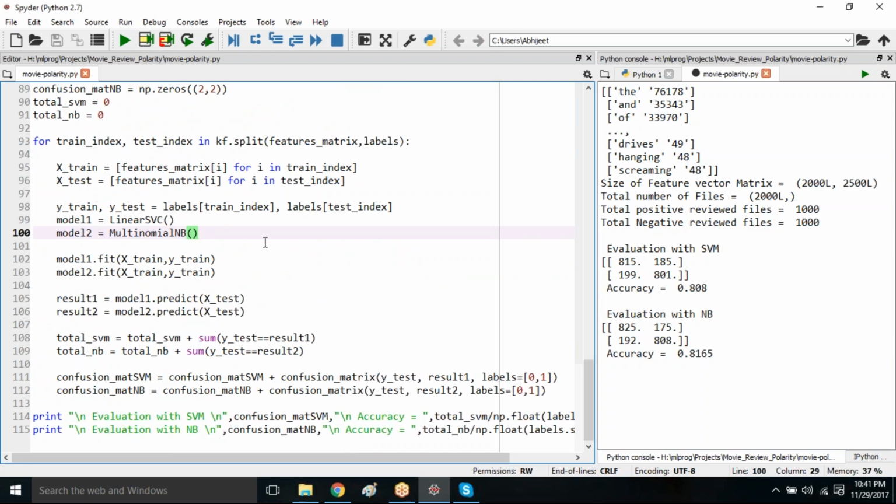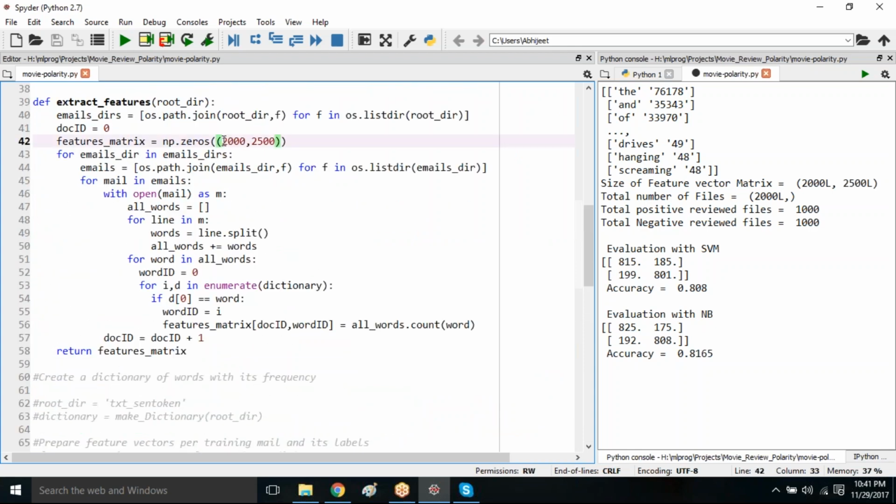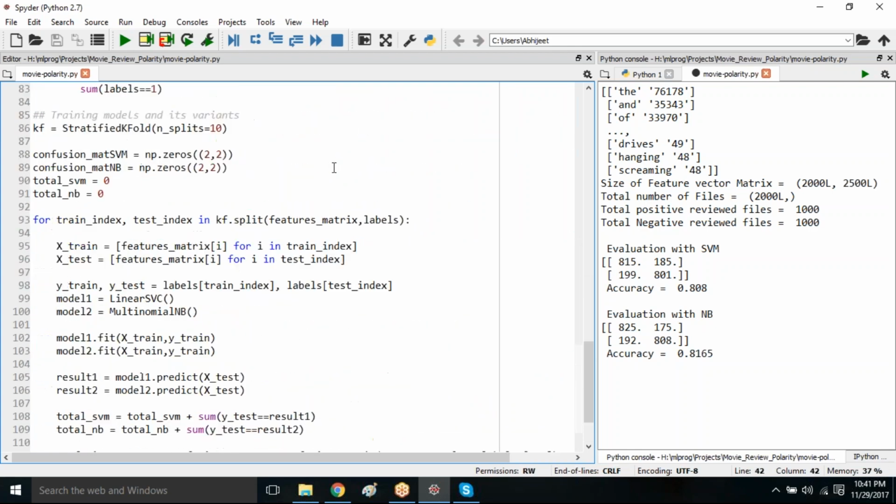But how do you split the total positive review files, 1000?